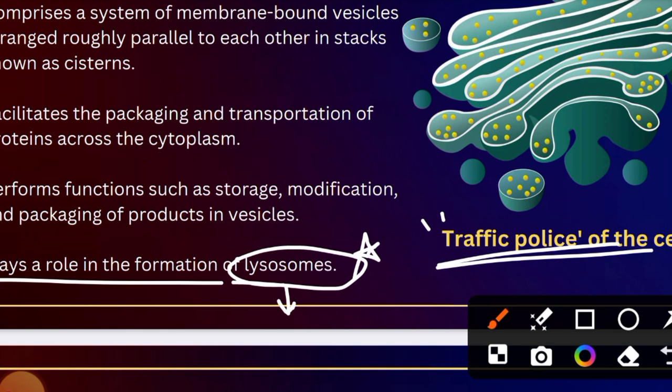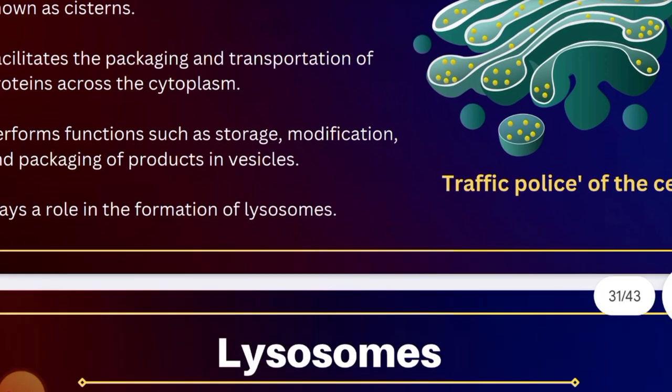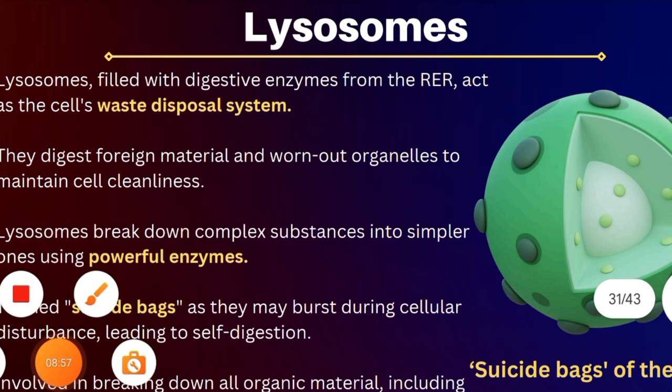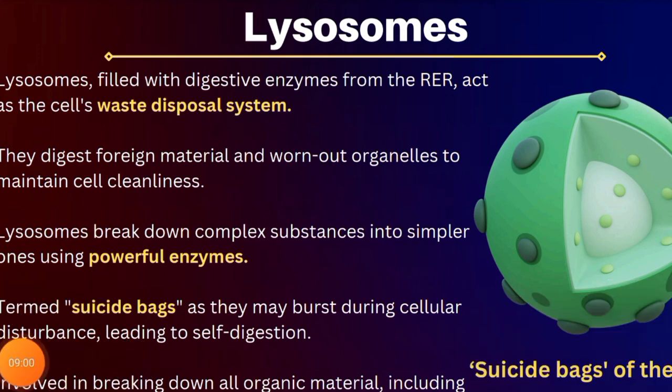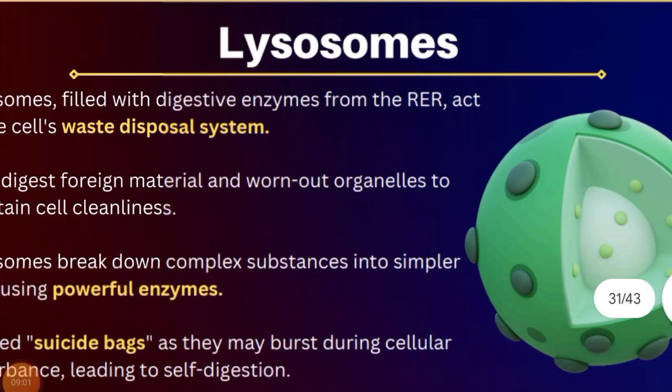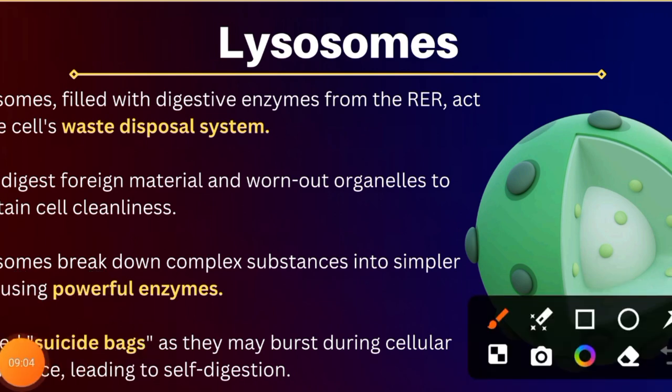So these Golgi bodies are supposed to form lysosomes inside them. Okay, lysosome. Now let us know what they are. There is not much about lysosome. Lysosomes help in digesting some things.